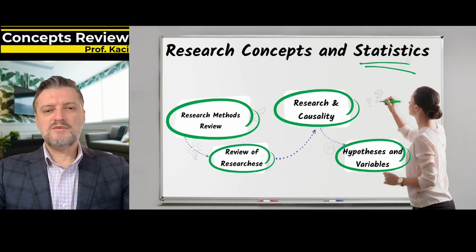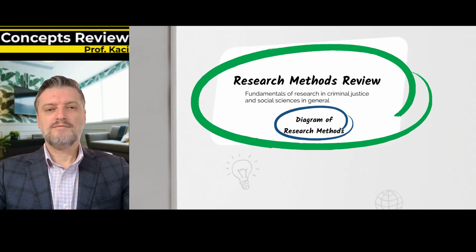These are the concepts and terminology related to research, types of research and causality, as well as review, hypotheses, and variables. In the Research Designs and Methods course, you learned the fundamentals of research in criminal justice and social sciences in general.